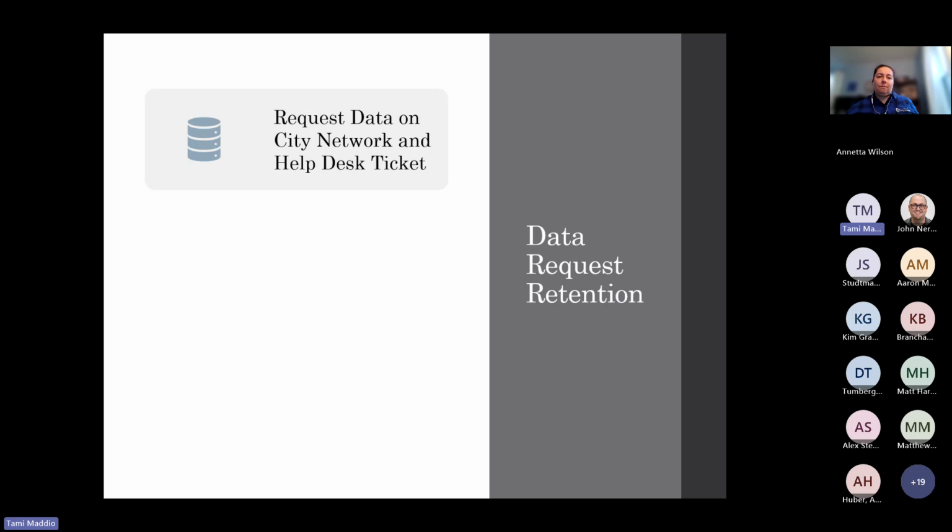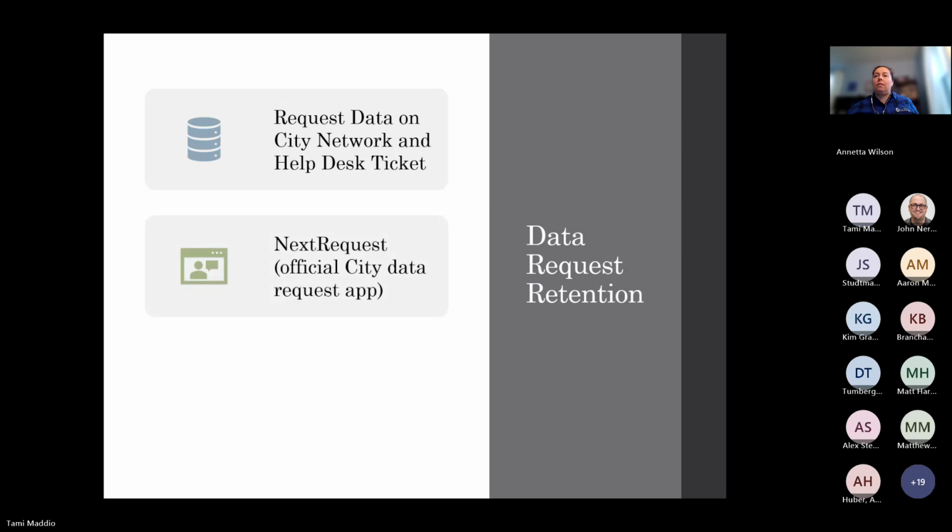So we have a network drive that we keep track of all of our data requests and data that we sent. If it's coming through the next request system, we're now transitioning into providing the records through that system, which is actually the official city data request application. And then sometimes through the Gopher State One Call system as well, their authoritative system.